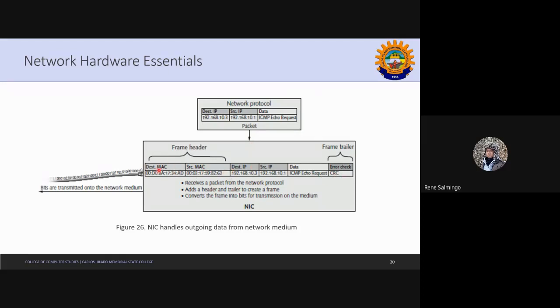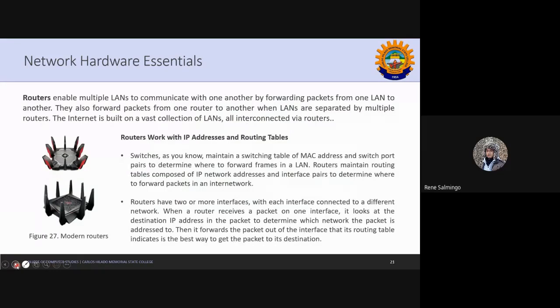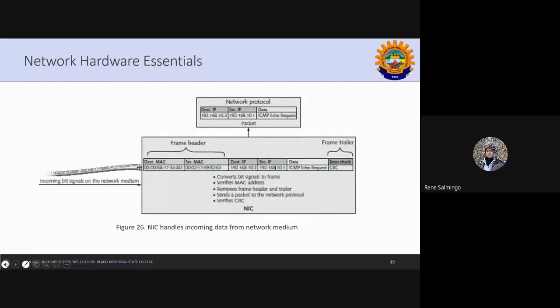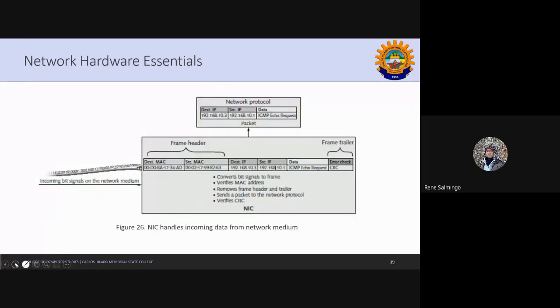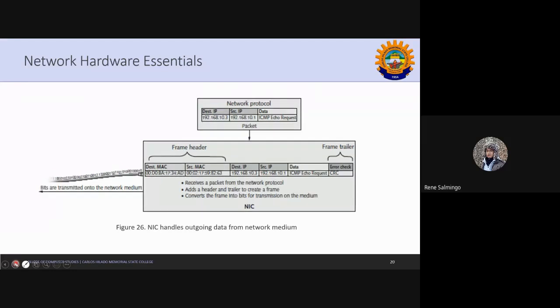This is added and converted into a frame, and it will be transmitted to the cable and to the next computer. This is how your network interface card's incoming and outgoing process happens inside.